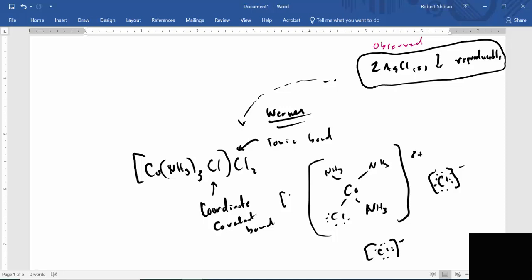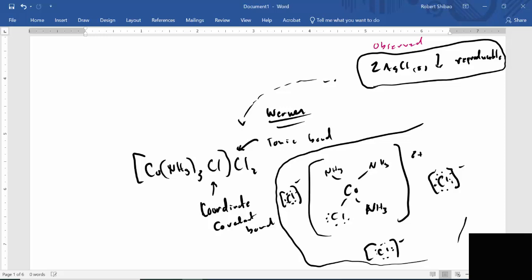Recall that we don't show ionic bonds with a line. We just show ionic bonds with adjacent charges, like that. And so this would be the structure of this. And so when you dissolve this in water, the lattice breaks apart, but these big cations here stay intact. And that would be the triamine chloro cobalt 3 ion cation.